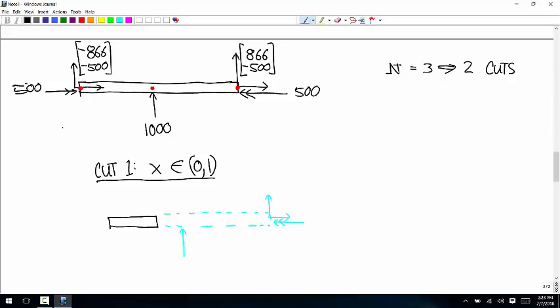So none of that is going to show up in our free body diagram. What is acting on our isolated piece is this couple of 500 Newton meters, this force vector of negative 866, negative 500.